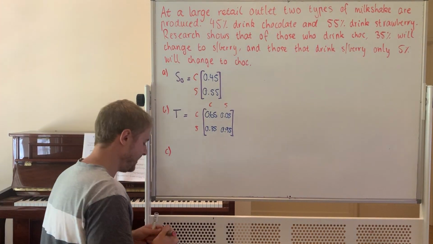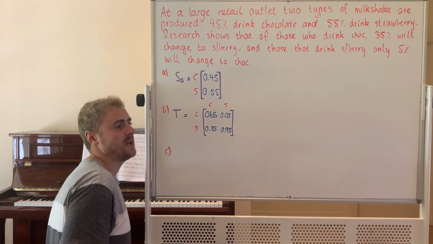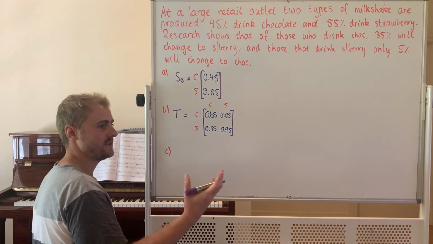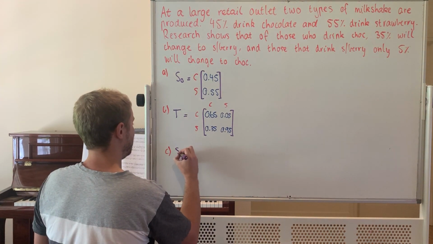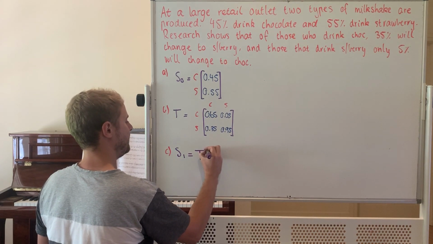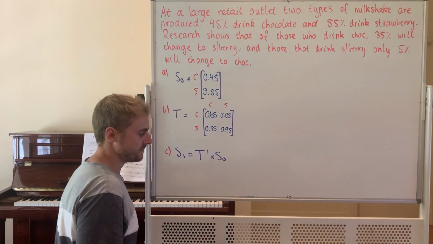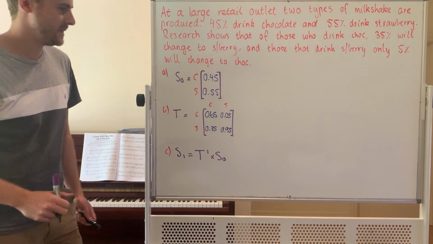So, question C. What proportion of people will drink each type of milkshake at the end of 1 month? So in the context of this question, the time is months. So we want after 1 month. So S1 would be T to the power of 1 times the initial state. I'm not sure what that is off the top of my head.